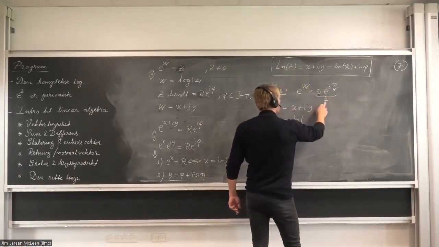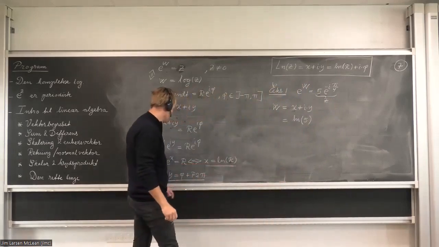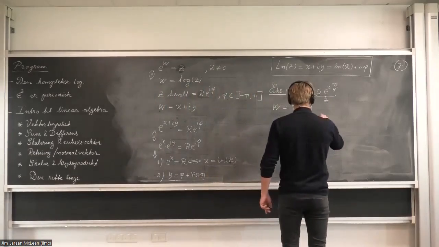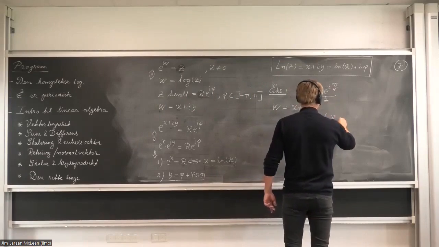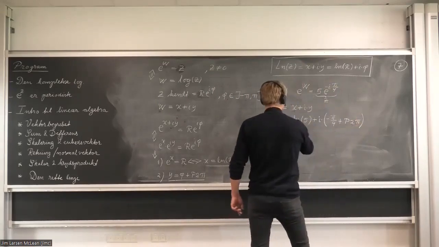So given that the modulus is 5, we need to write the natural logarithm of 5. So now I've taken this one, and I need to say plus i times y. But y is the angle, minus pi over 4, plus p times 2 pi. So this is the answer.